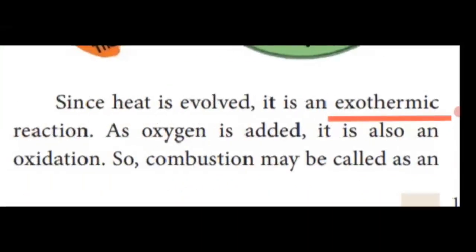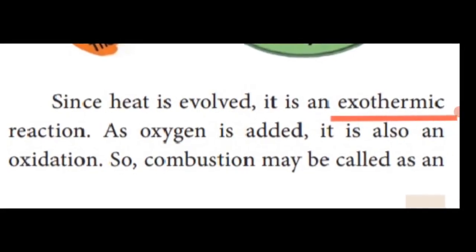Since heat is evolved, already we know heat evolved reactions are called exothermic reactions, and heat absorption reactions are called endothermic. This combustion reaction is what type of reaction? Exothermic reaction. As oxygen is added, it is also an oxidation. Oxygen added reaction is called oxidation.